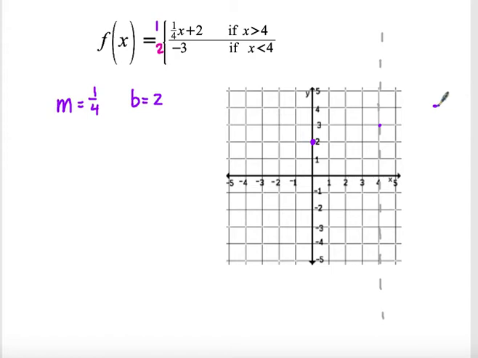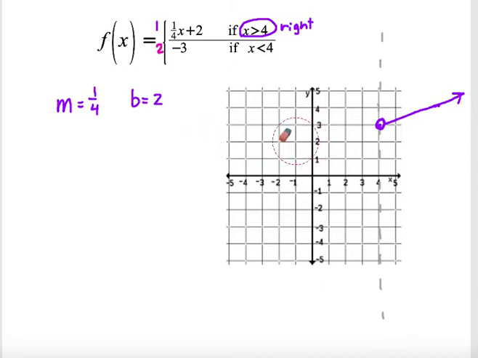So for this graph, I want to be greater than that boundary line, not equal to it. So when I hit that boundary line, I'm going to use an open circle, and I'm going to continue to the right because x is greater than 4. So I'm going to continue this linear graph to the right.